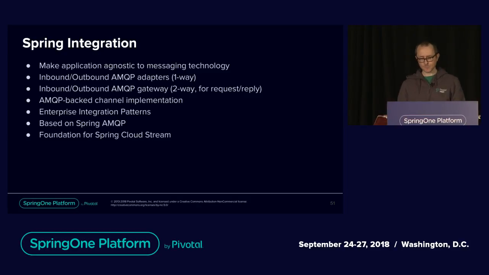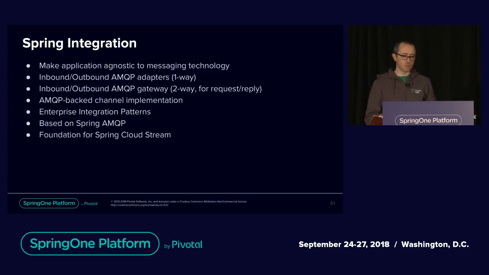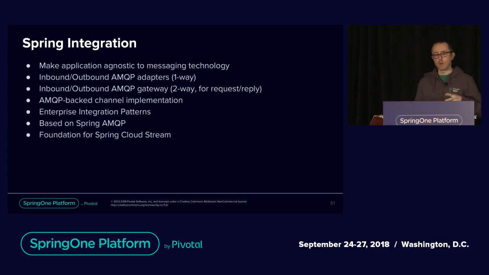There are also gateways, more for request-reply in this case, inbound and outbound. Spring Integration is all about channels, and there's an AMQP-backed channel implementation. All of this is based on Spring AMQP. That's the foundation for higher-level modules like Spring Cloud Stream.